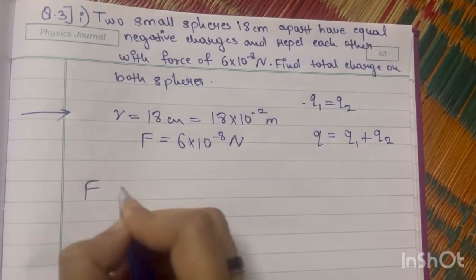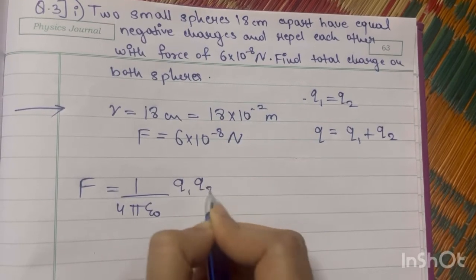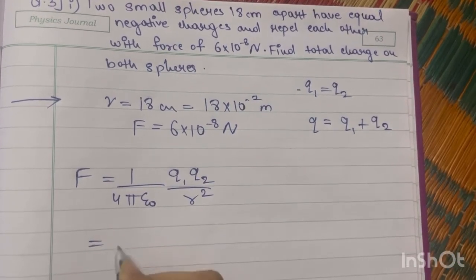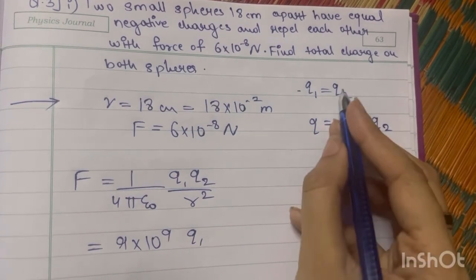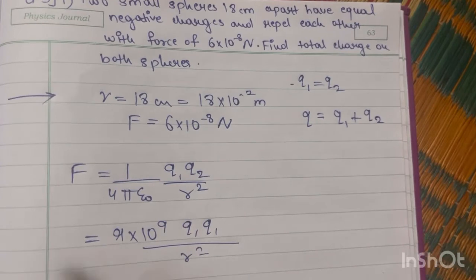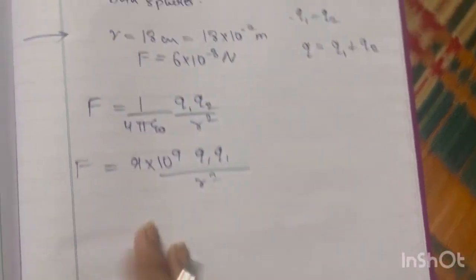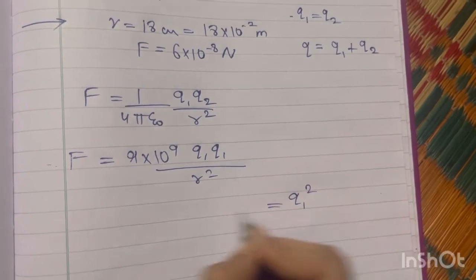Now again we'll go with the formula of force, that is 1 upon 4 pi epsilon naught, q1 q2 upon r square, that is 9 into 10 raised to 9, q1 as it is, q2 is also equal to q1, upon r square, and here we have force. q1 into q1 will give you q1 square.